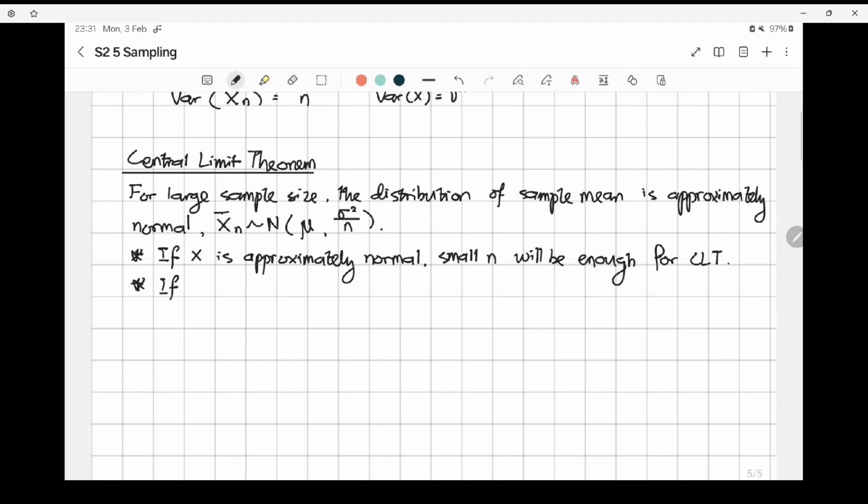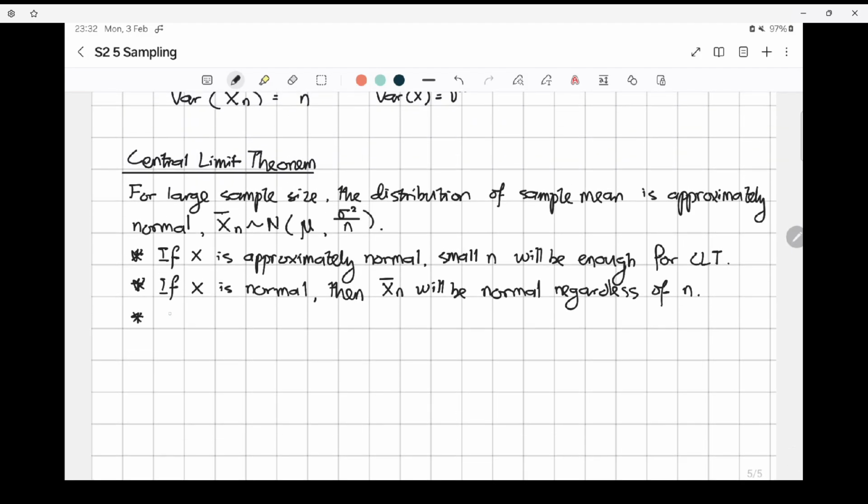If your random variable is by itself normal, then your x bar n will be normal regardless of how big or how small your n is.